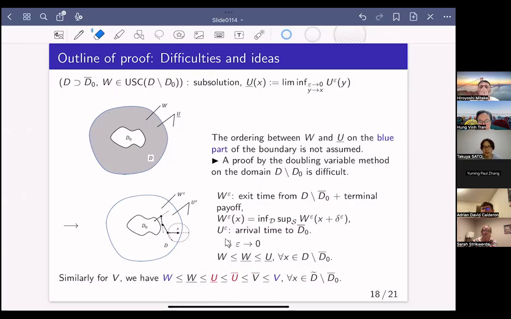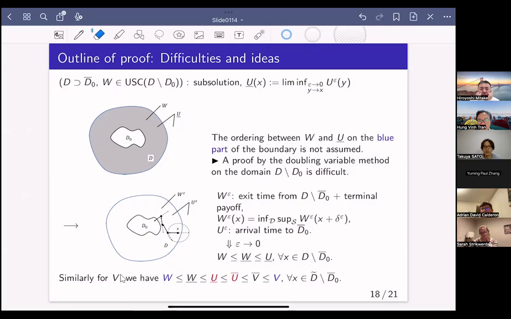And by using the usual comparison principle, we can get the ordering between the subsolution and the supersolution W, and we can get this ordering. Then we can get the ordering between W and U.